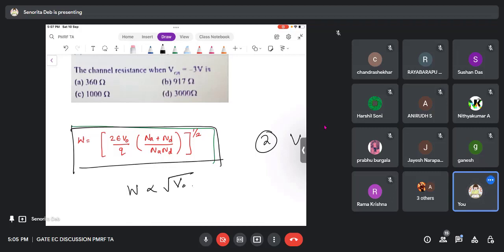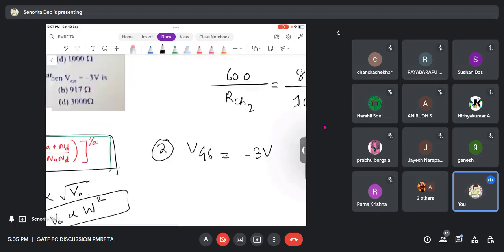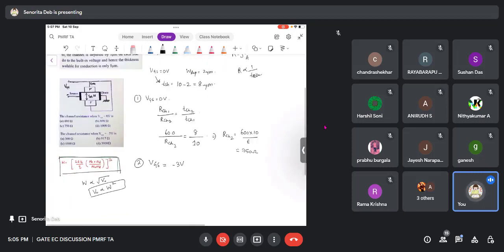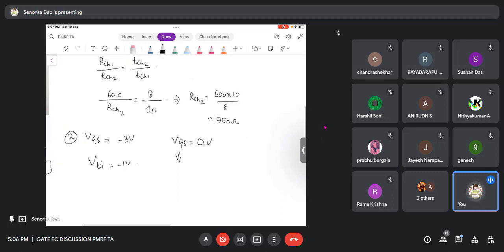Right? So now VGS is minus 3 volt. Built-in is what? Minus 1 volt. Right? So when VGS was 0 volt, built-in was minus 1 volt. Built-in is constant, that is the built-in potential that we had seen. It is constant, minus 1 volt.